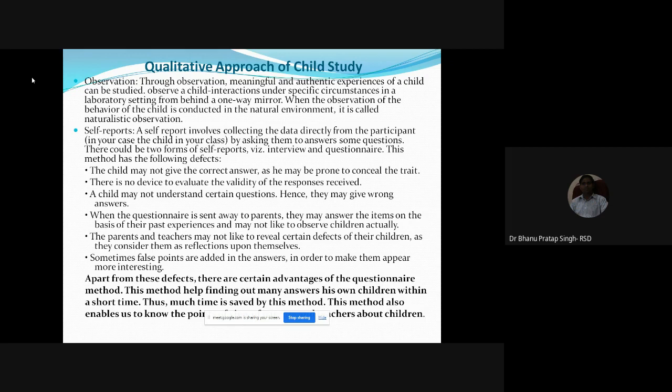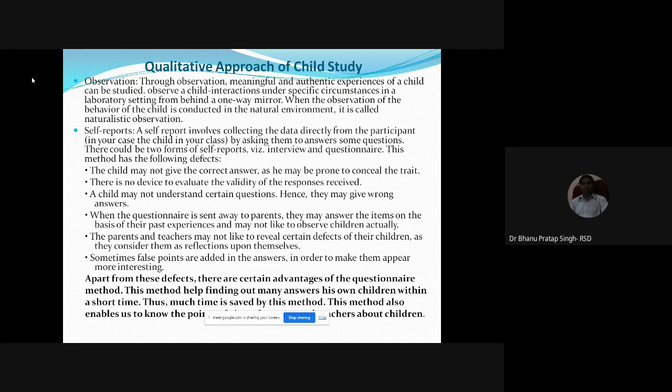The parents and teachers may not like to reveal certain defects of the children as they consider them a reflection upon themselves. Sometimes false points are added in the answer. These are the defects of the self-report method, using the tools interview and questionnaire.